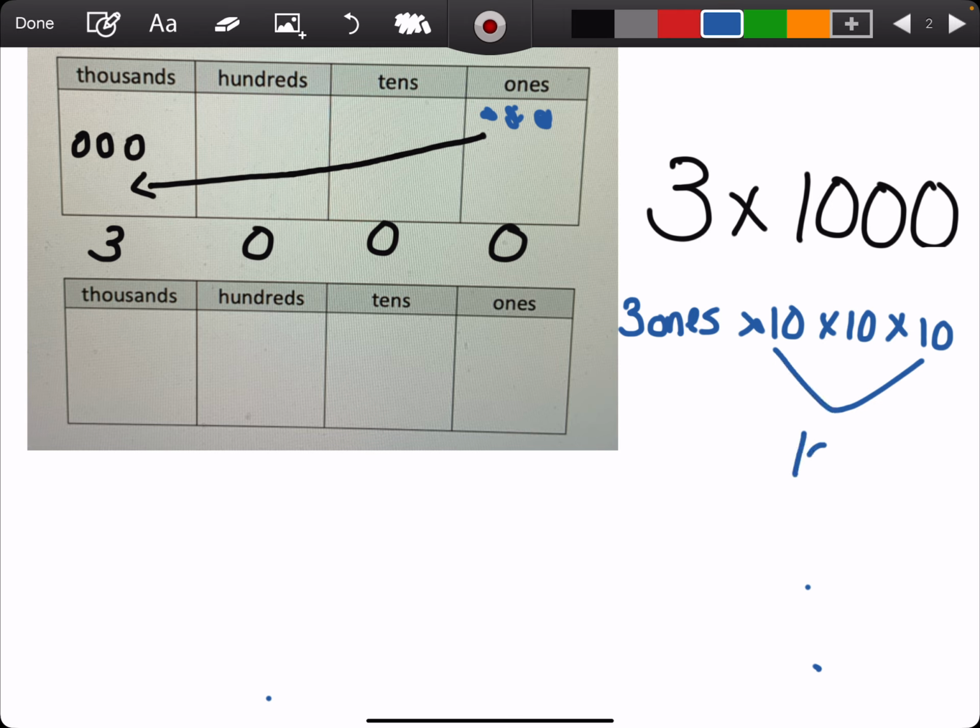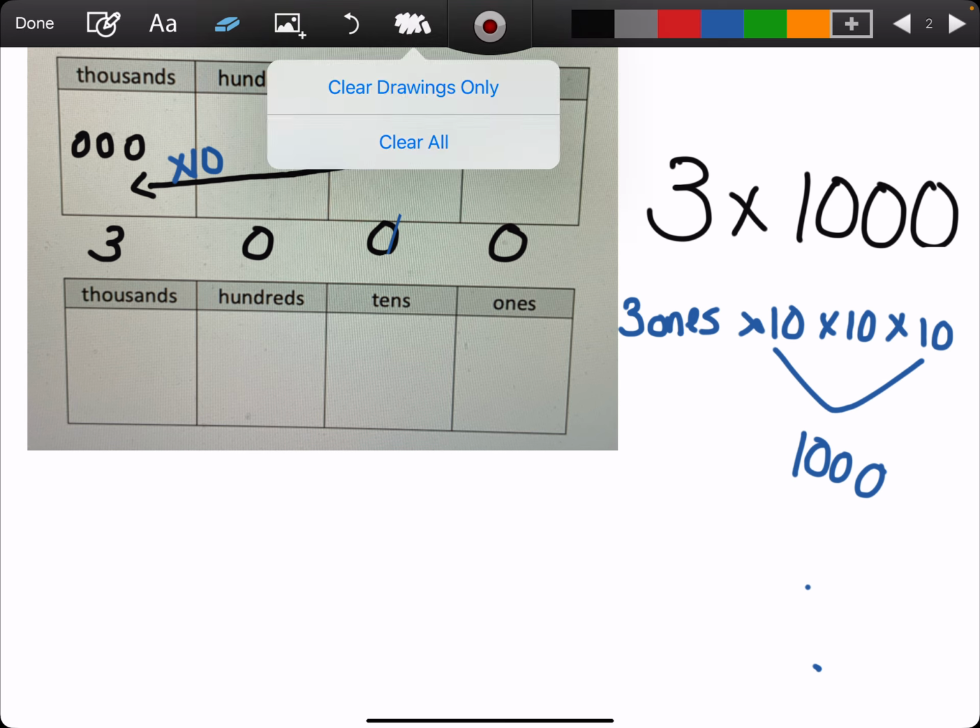So that is what allows us to make those 3 hops. We can go times 10, times 10, times 10. Every time we multiply by 10, it shifts 1 place value to the left.